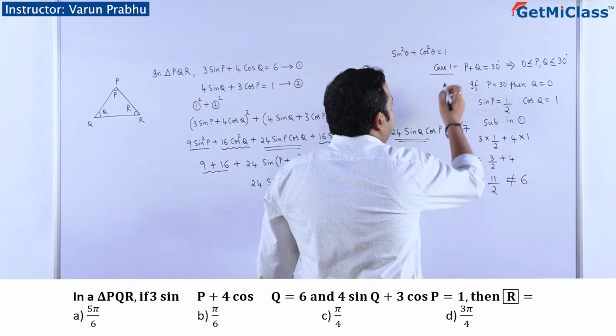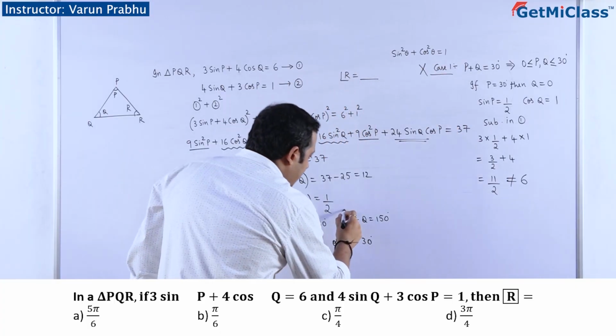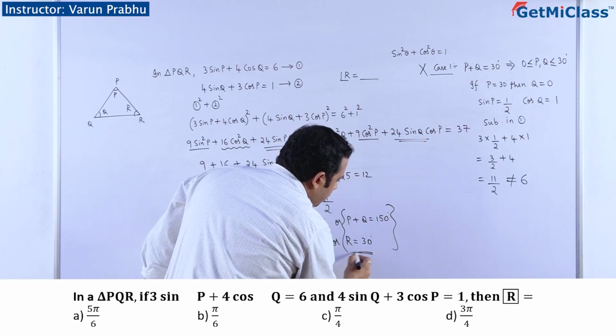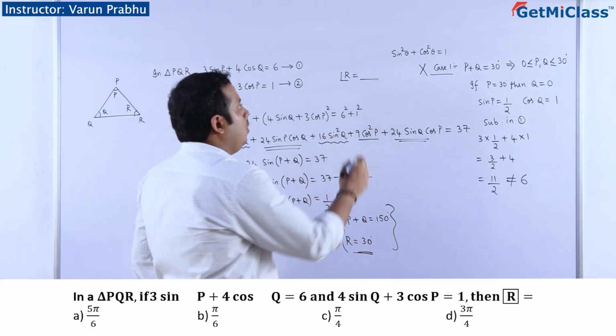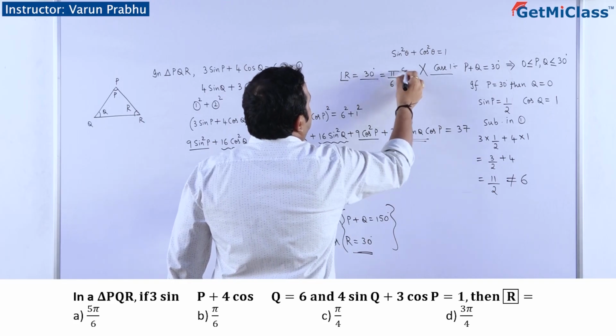Which means case 1 fails, right? If case 1 fails, then case 2 should be true. So therefore the value of R is equal to 30 degree, which can also be written as pi by 6 radians.